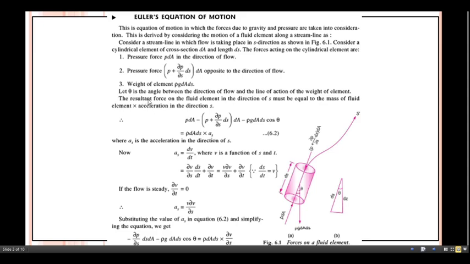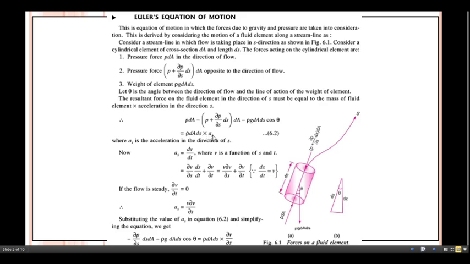Already you have seen that the resultant force on the fluid element in the direction s must be equal to the mass of the element multiplied by the acceleration in direction s. The acceleration in the direction s we have considered as as, and rho dA ds indicates the mass of the element.